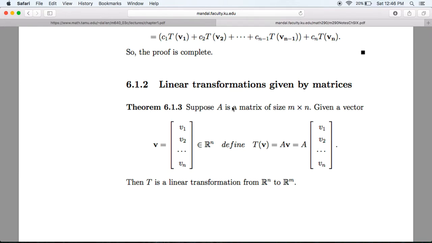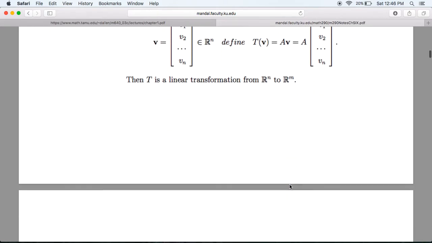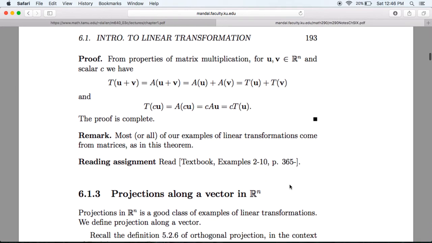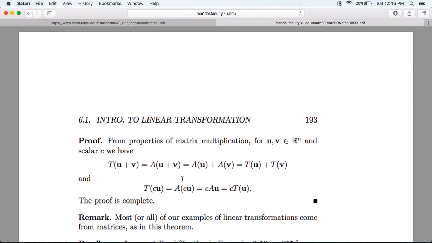So here, suppose A is a matrix of size m cross n, and then given a vector v in the Euclidean space Rn, we define T of v to be A times v. Then we can see that T is a linear transformation from Rn to Rm. This can be easily checked by the notions of matrix addition and matrix multiplication.